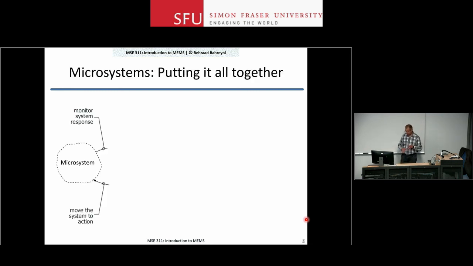Now, in a microsystem, you have to put all of these things that we learned so far together. A lot of the micro devices that we have out there, a lot of the microsensors, embed in them an actuator. So what you have is a sensor structure that is monitoring a system response. For example, if you have an accelerometer, there is some acceleration, some inertial force that is applied to the device. You have a mechanical system that responds to that force.